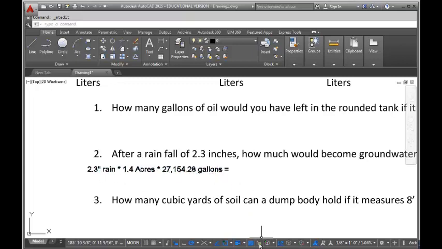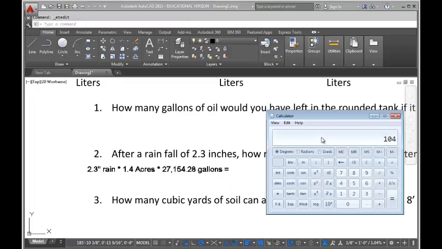Okay, so what we'd get is a total of 2.3 times 1.4 times 27,154.28 gallons equals a total of 87,436 gallons.